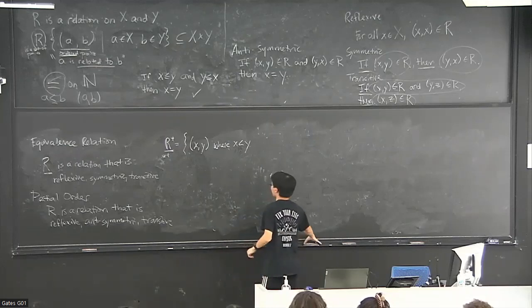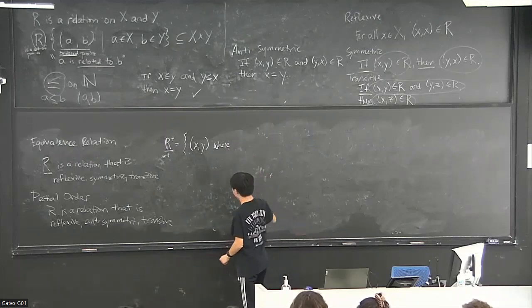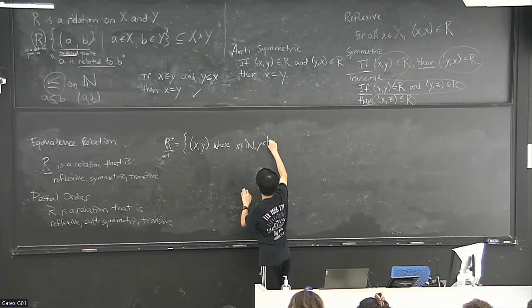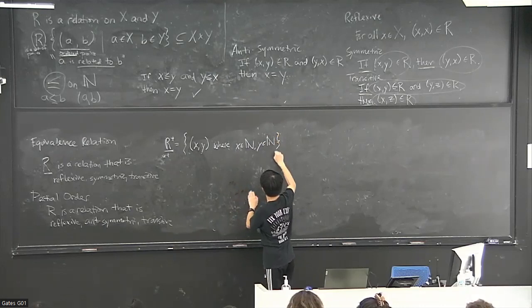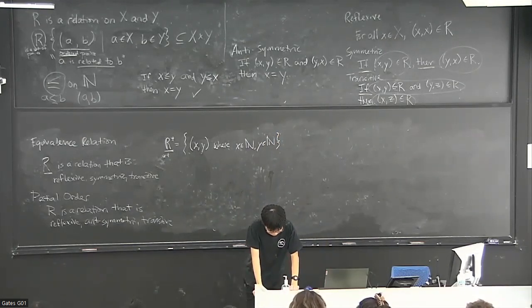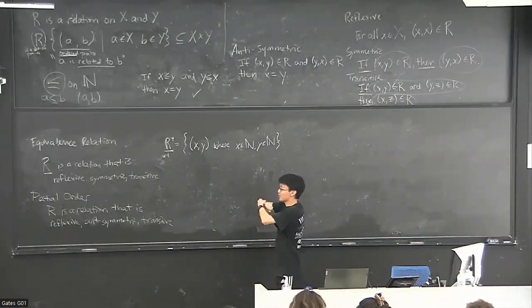Let me just make x, y to be, x is in natural, y is in natural. I think this will make things clearer.